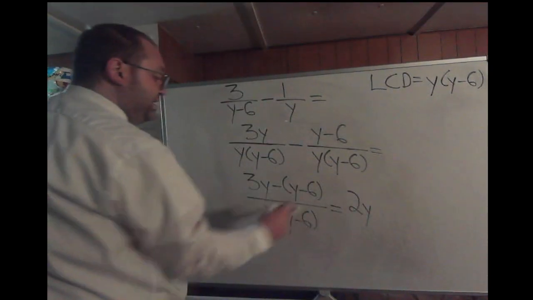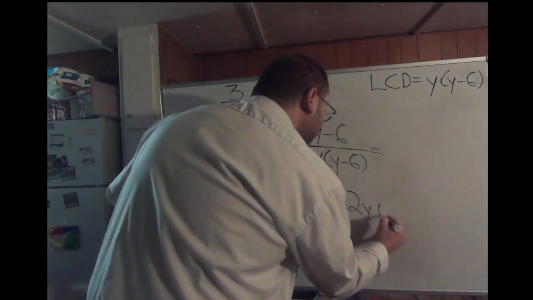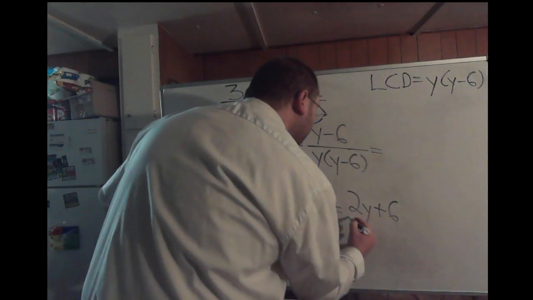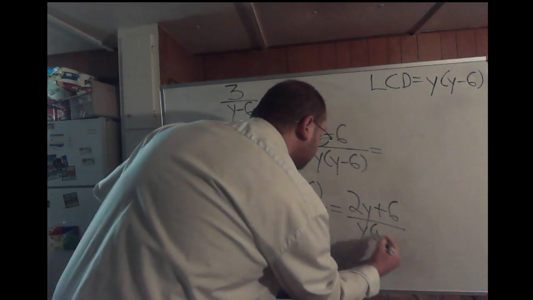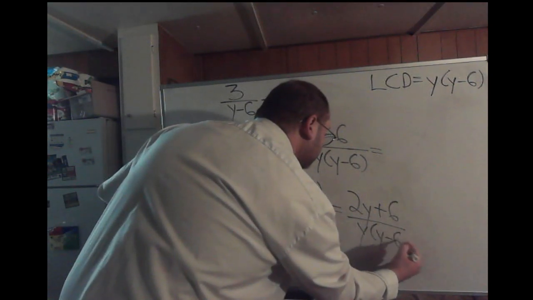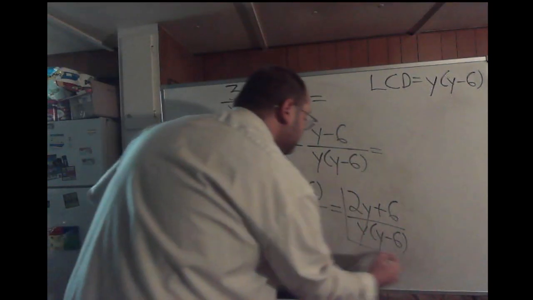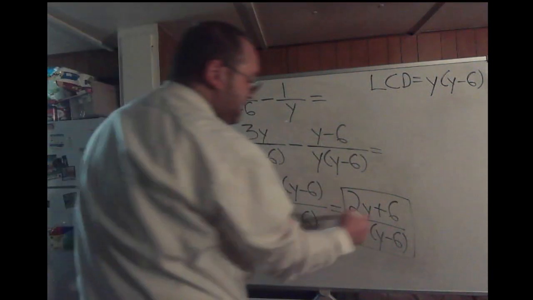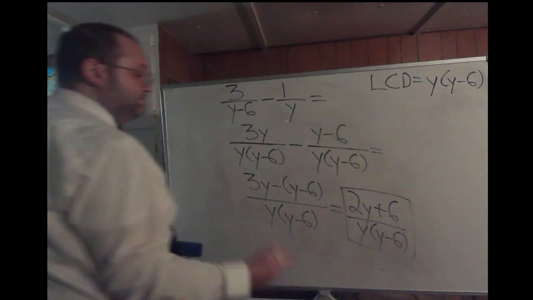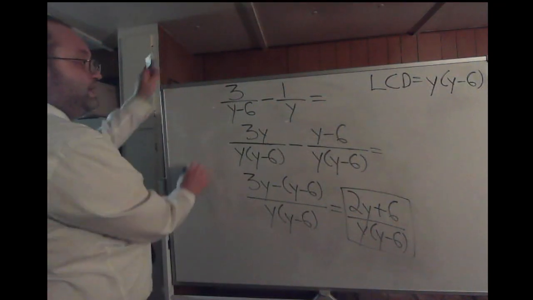Then minus minus 6, that's actually plus 6 all over y times y minus 6. And really, this won't factor any further. You'll end up getting 2y plus 6 all over y times y minus 6 as your final answer.